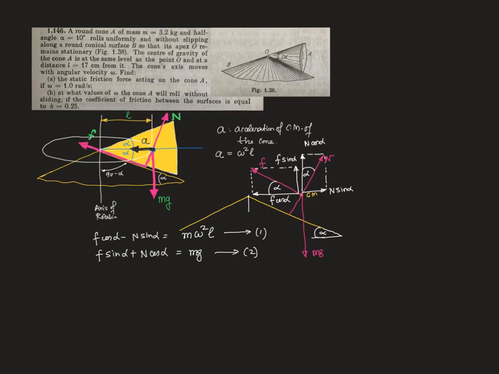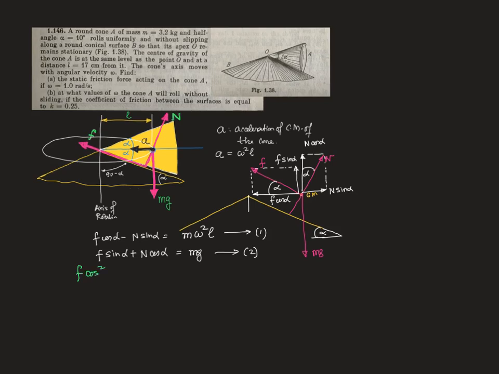Now in part A we have to find the static friction acting on the cone. So to find F you have to eliminate N. Multiply equation 1 by cos alpha and equation 2 by sin alpha. This is what you get.